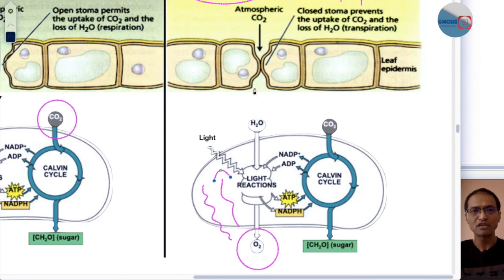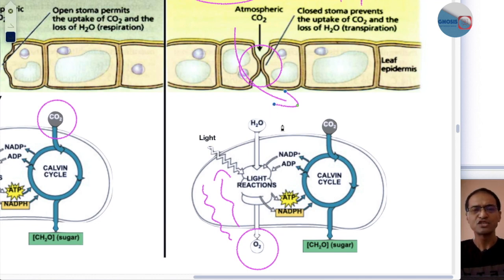Because the stomatal pore that you have over here is closed. And although the carbon dioxide which is inside the mesophyll cell keeps on entering the Calvin cycle, there is no new entry or no new influx of atmospheric carbon dioxide.